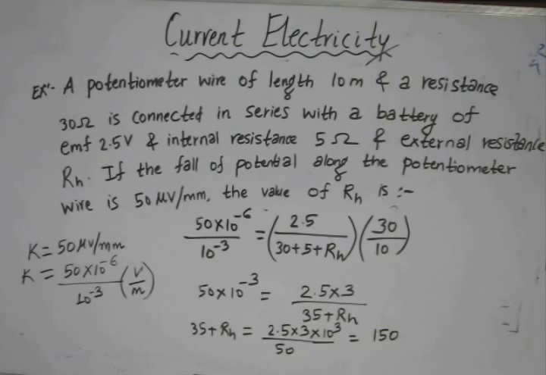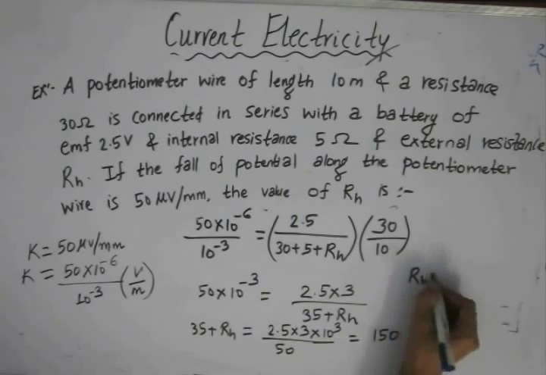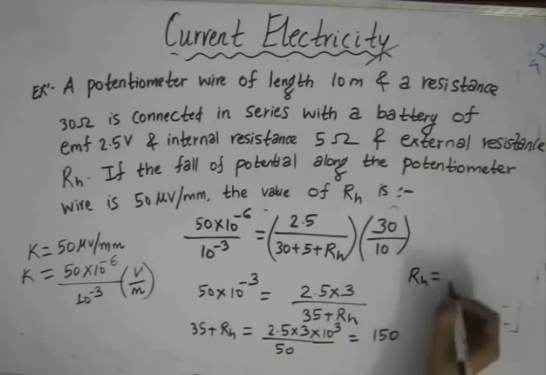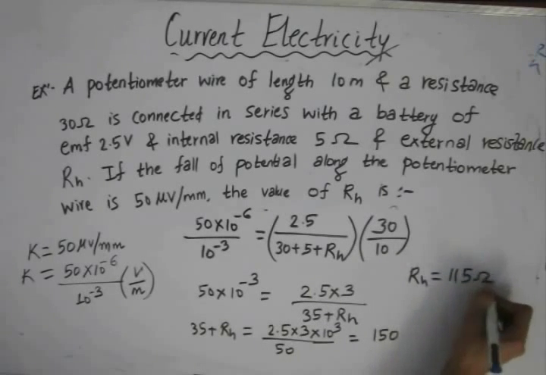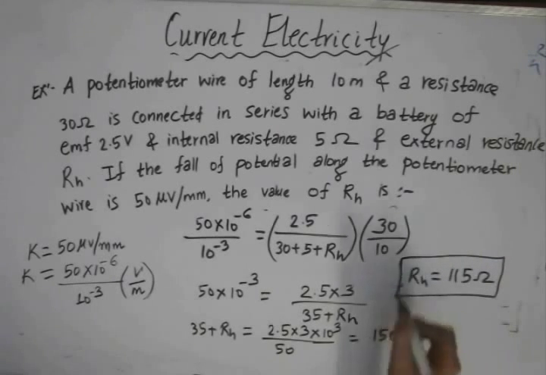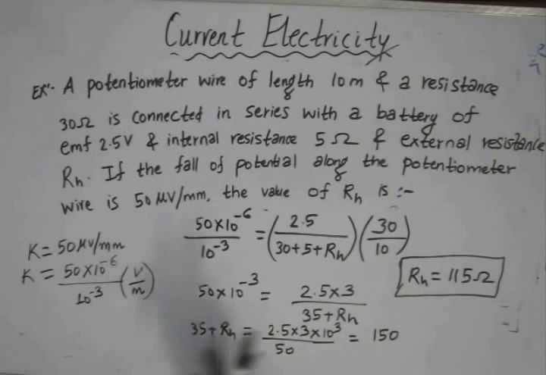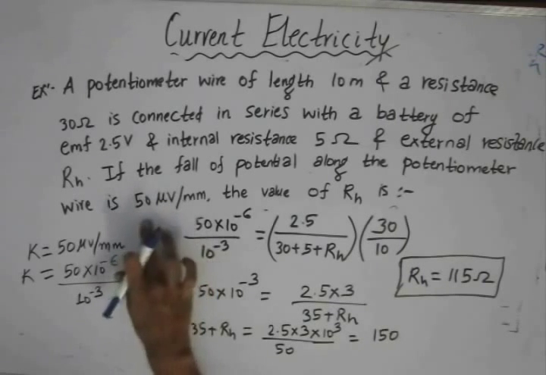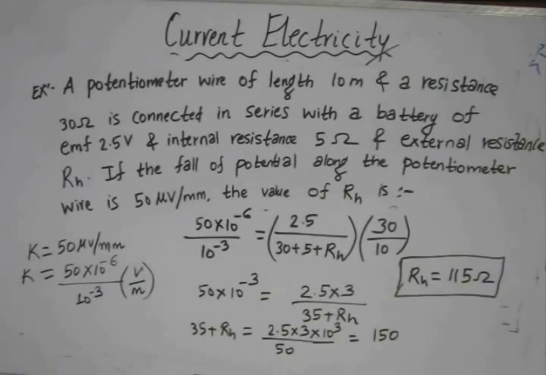So we can see that RH is 150 minus 35, which is 115 ohms. This is the value of the external resistance which is connected in series with the internal resistance and the potentiometer wire, for which the potential gradient in the circuit is 50 microvolts per millimeter.